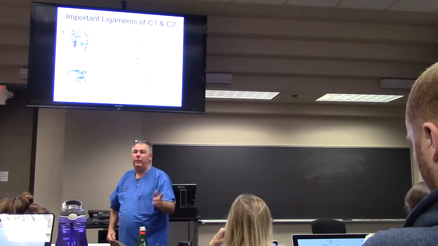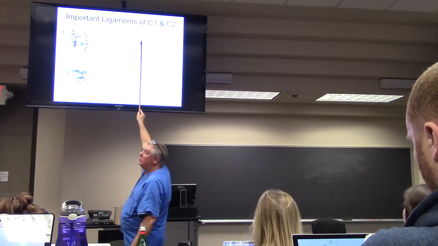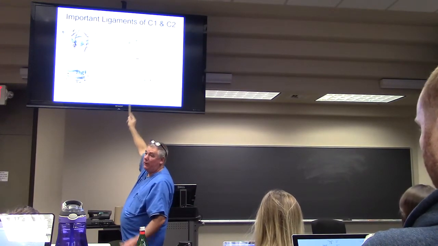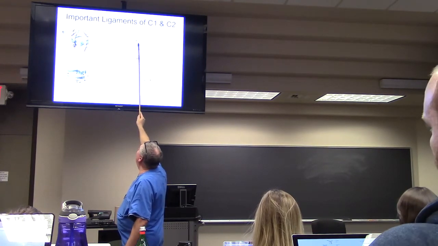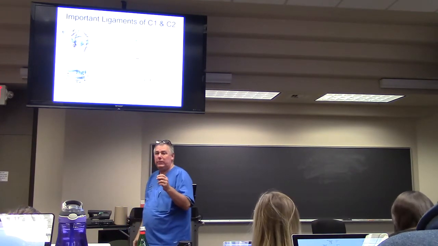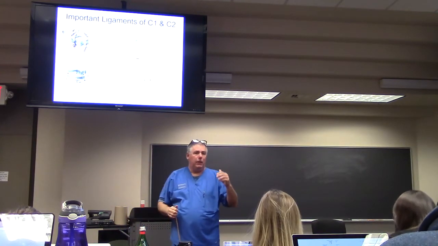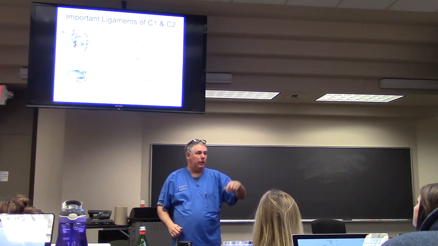There's another couple of ligaments. The alar ligaments run from the dens over to the skull. That's where you saw that little groove in the previous slide. The groove for the alar ligaments on the dens, there they are right there. These are tough little ligaments that keep C1, C2, and your skull attached to each other.